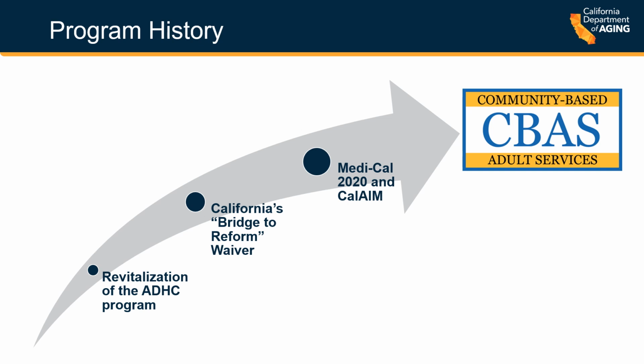ADHC still remains a non-Medi-Cal program for private payers. CDA and the Department of Healthcare Services, DHCS, still reference state codes and regulations originally written for ADHCs in the 1970s and 1980s for the current administration of CBAS.